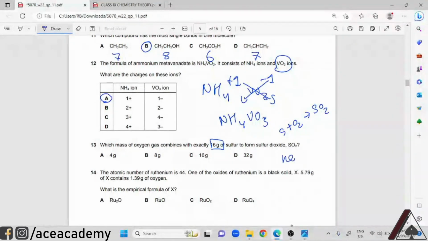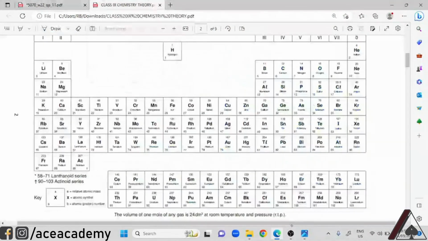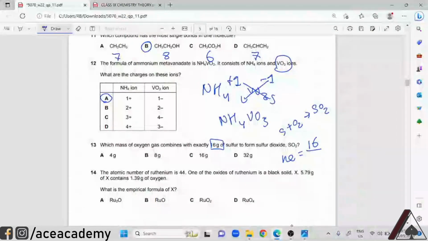So the mole for 16 grams of sulfur will be 16 divided by the RMM of sulfur, which is 32. We know that the mole for this one is 0.5.